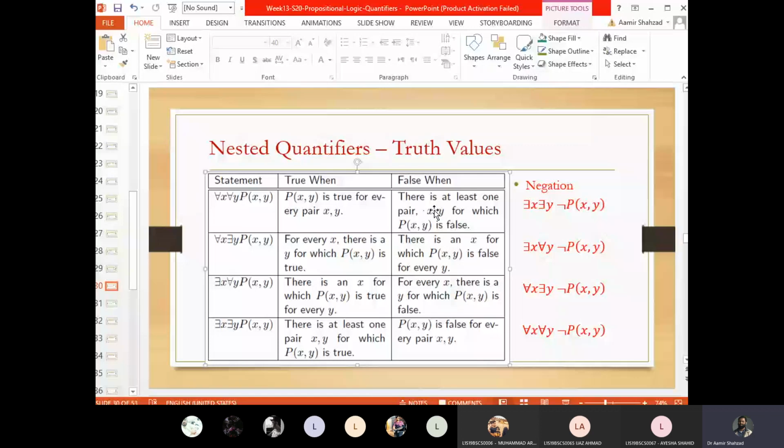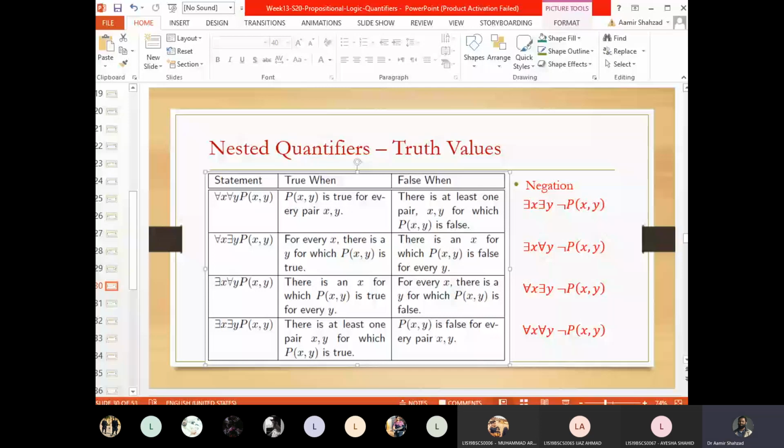So there is at least one pair such that p of x, y is false. और अगर इस false को हम मैथमेटिकली लिखें, so it will become there exists an x, there exists a y such that p of x, y is going to be false. So when both are universal quantifiers, it is negated, it is false over here.